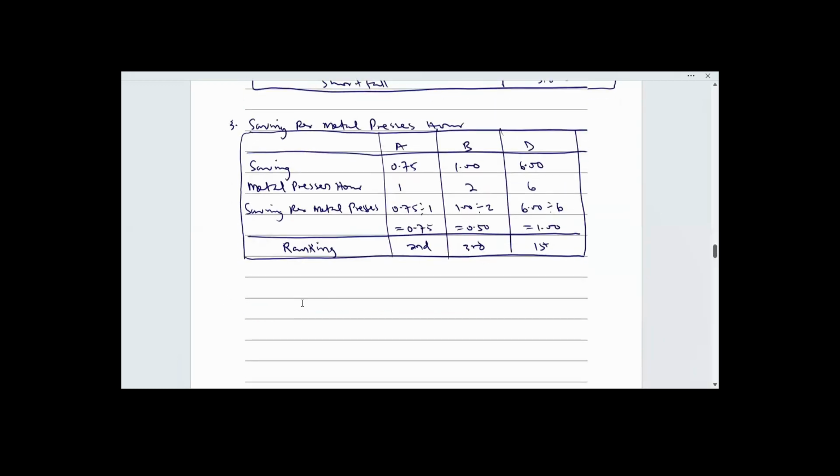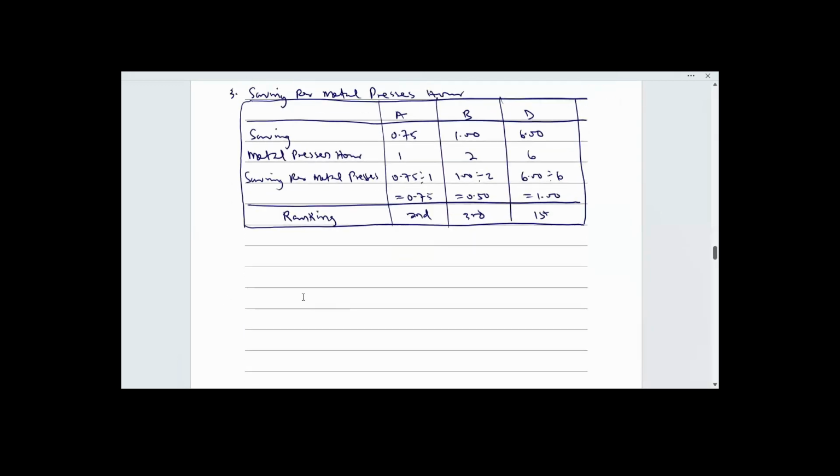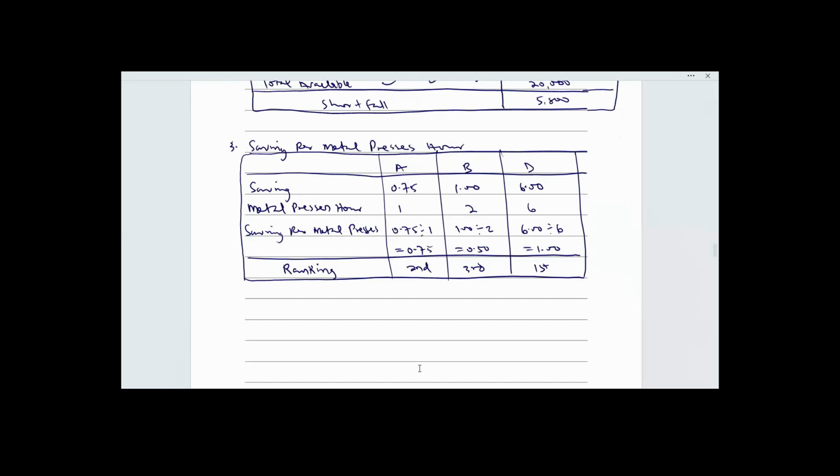The next item is to prepare the allocation table. Therefore, allocation of 20,000 metal presses time.